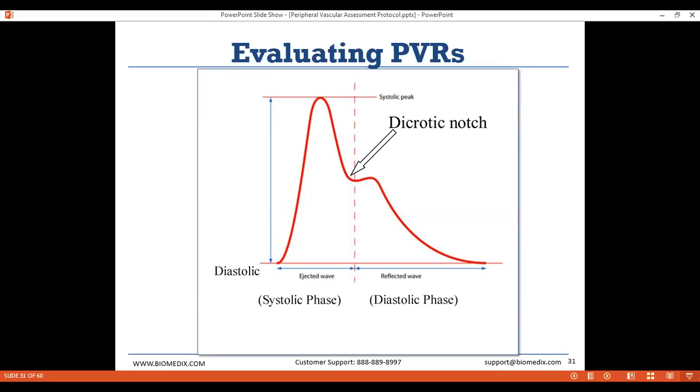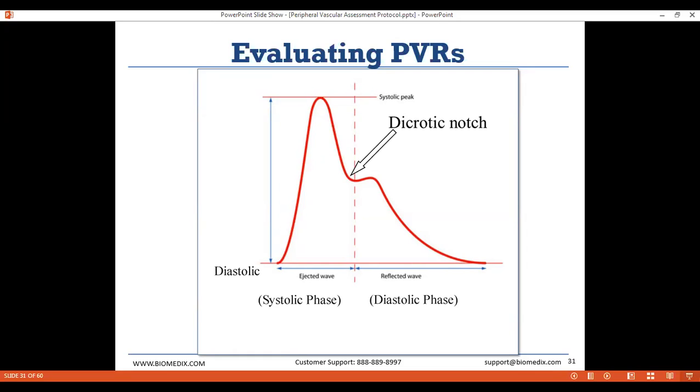The dicrotic notch is very important because it's pretty much the first thing that gets lost in a patient that's suffering from mild PAD. If you look at patients with very advanced PAD, there's almost not a waveform at all. It looks very diminished, very dampened, and it's obvious to anybody with experience with waveforms that that's not a normal or healthy waveform.